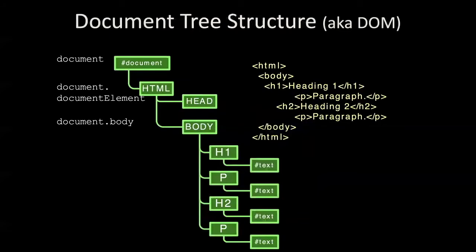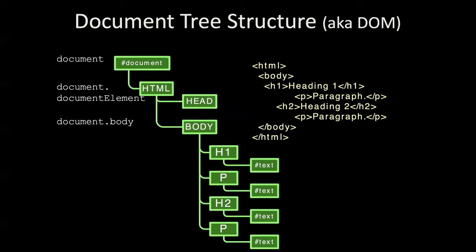So on the right, I have a very simple little HTML. The title there is document tree structure. That was the old name for it, but we now call it the document object model. Same thing though. And on the left, I am showing you the DOM representation of the HTML on the right.